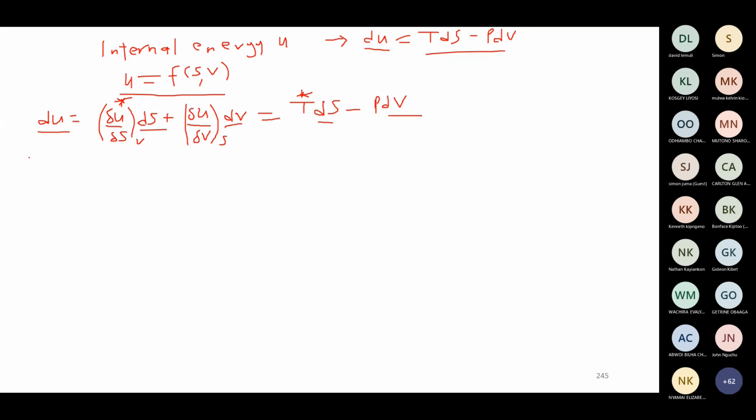So T equals (∂U/∂S) at constant V. And we can also say minus P equals this part of the expression: minus P equals (∂U/∂V) at constant S.